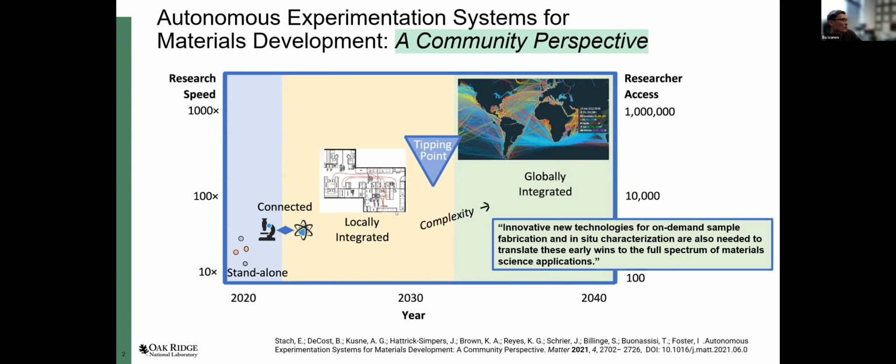And what's quite revealing is that research speed is expected to accelerate by a factor of thousands. And they anticipate the tipping points where all these interconnected experiments could go from local integration to global integration, leading to thousands of researchers being able to access and optimize material synthesis and material characterization.